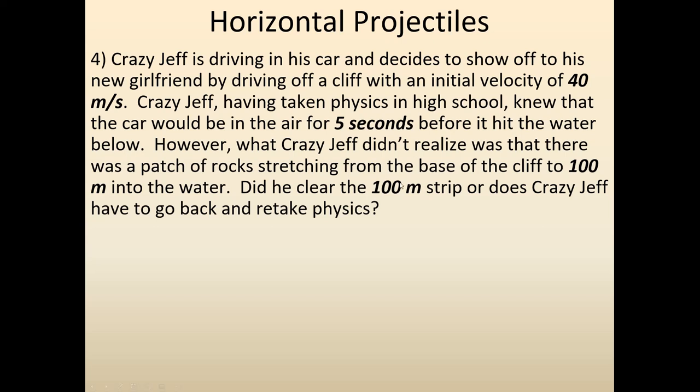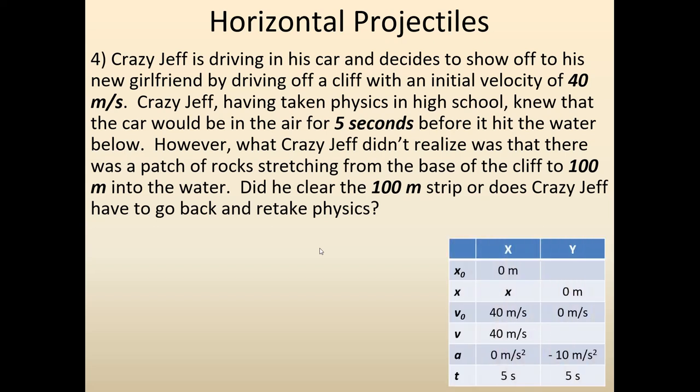So this is what we call a reference number. They want to know, does Crazy Jeff clear it, or does he end up hitting into the rocks? So the real question is, where does Jeff land, and is that position greater than, less than, or equal to 100? So I'm using the answer to compare to this.